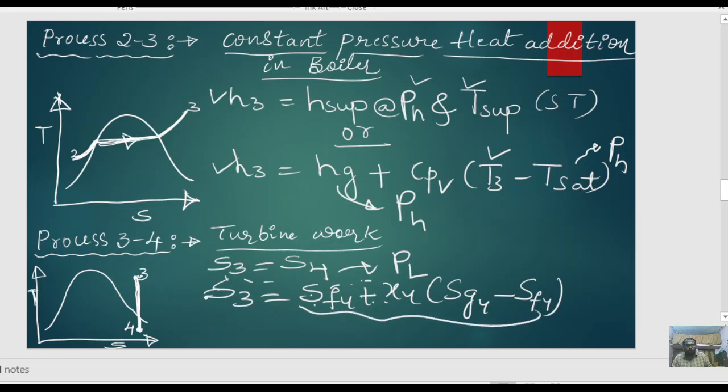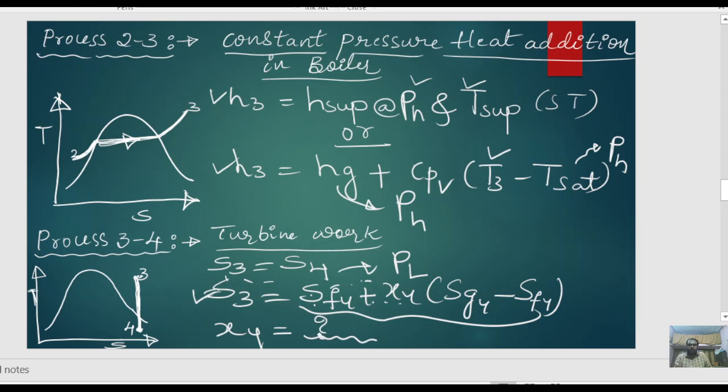This is the higher pressure. Now you know the S3, and you know SF4 and SG4. From all this you have to take from the steam table. The unknown is X4. You have to find out the X4. That is the condition of the steam, whether it is wet steam, superheated steam, whatever it is.